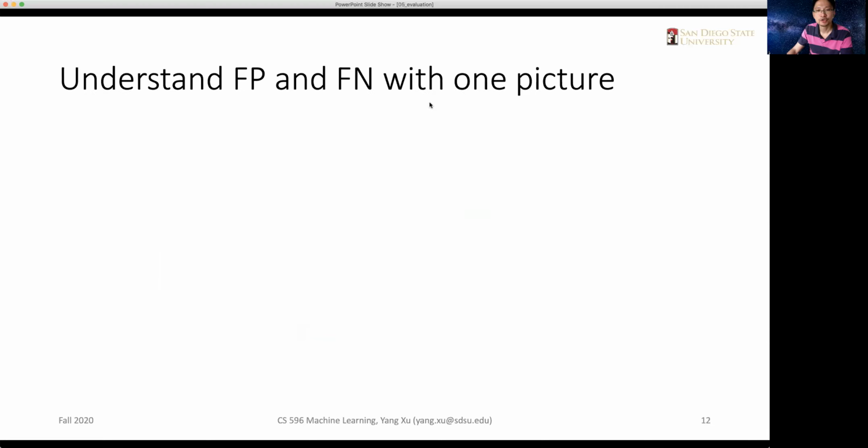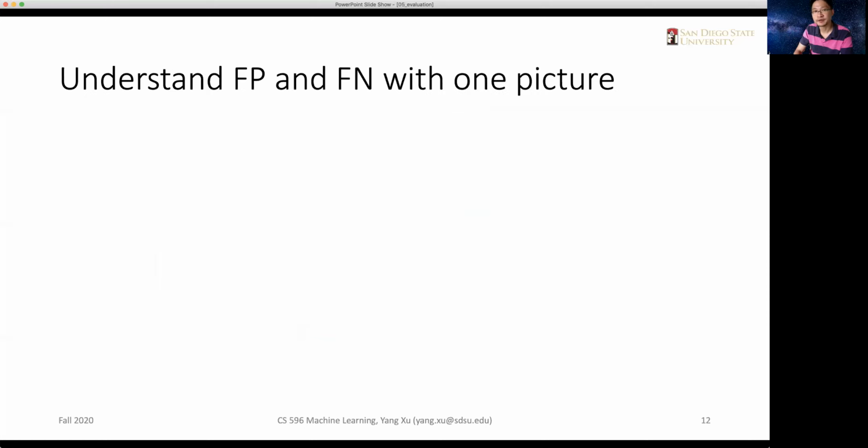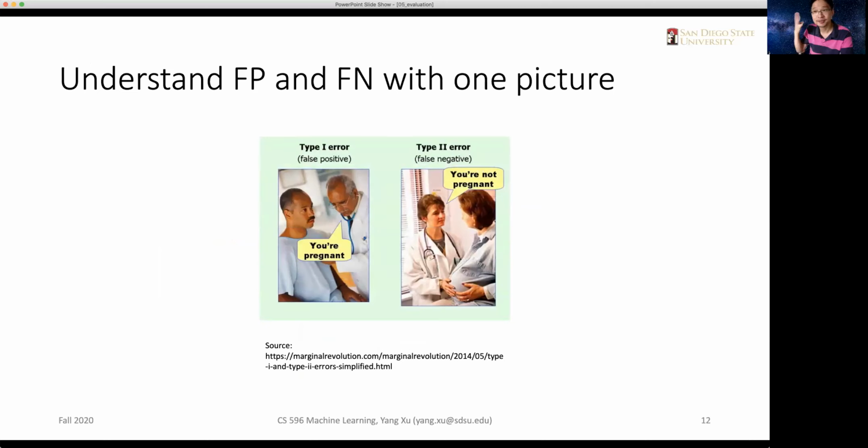All right. So about false positive and false negative. At first, it might be a bit confusing, but I think it's easy to understand if you are familiar with the cases, especially when you have a concrete example.